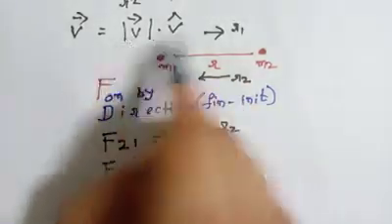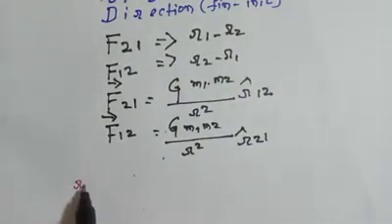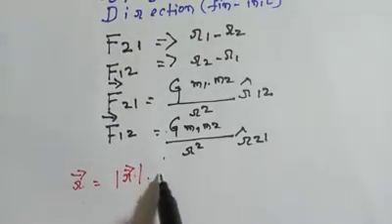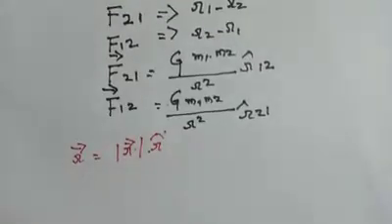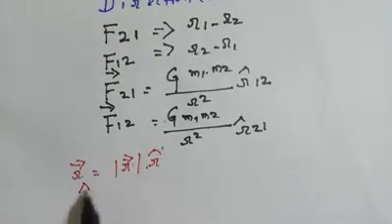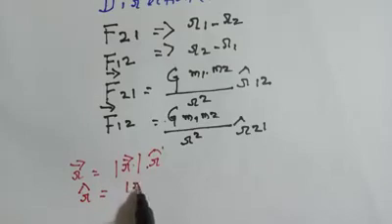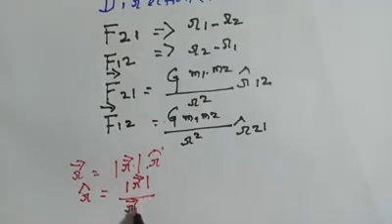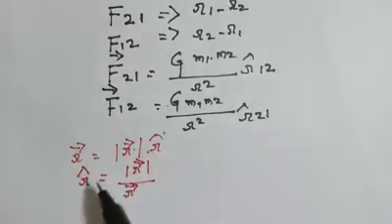So if I take r, which is a vector, we represent this by the magnitude of r multiplied by the unit vector r hat. Then the unit vector r hat equals the vector r divided by its modulus r. This is the way in which we can find a unit vector.